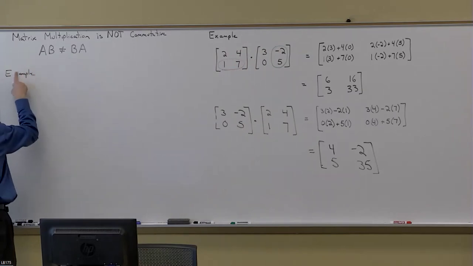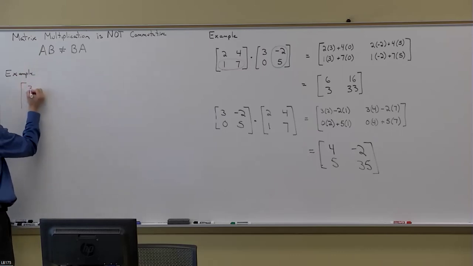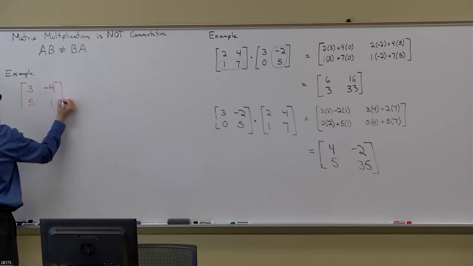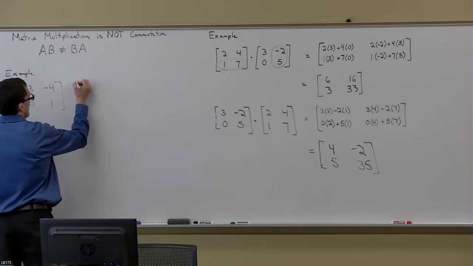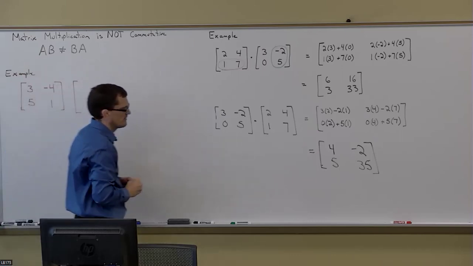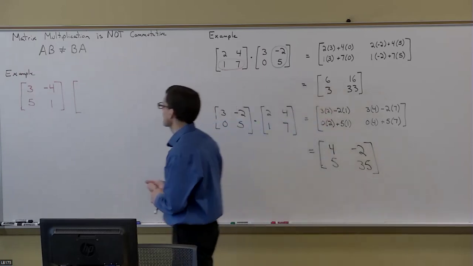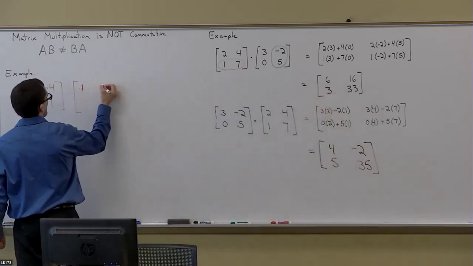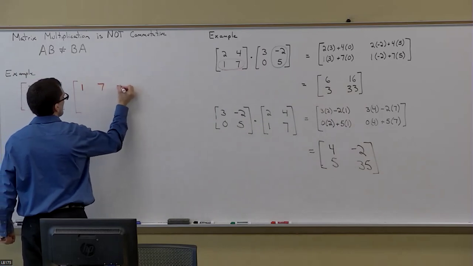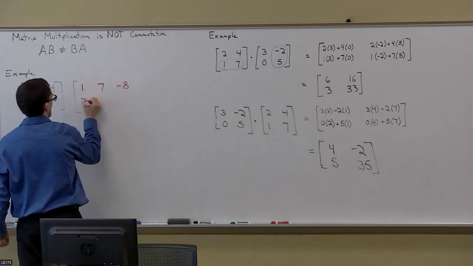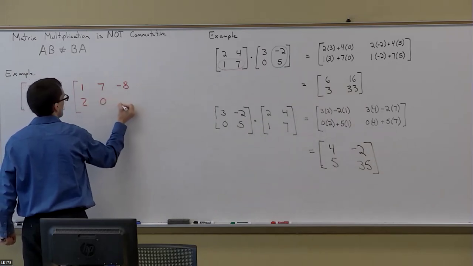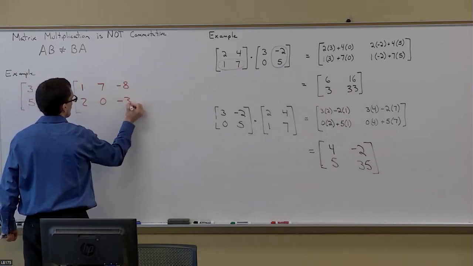Not of matrix multiplication, not commutative, that's just a no. But let's do another example. Let's take 3, -4, 5, 1, and multiply that times the matrix 1, 7, -8, 2, 0, -3.